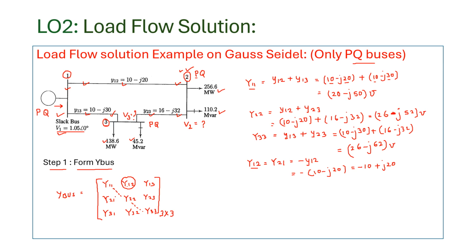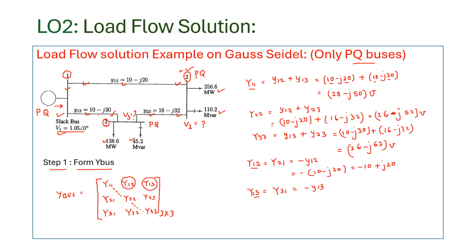Similarly, let us calculate the off-diagonal element Y13. Y13 will be equal to Y31 because of the symmetry. So it is equal to the negative of the admittance of the transmission line connected between bus 1 and 3.